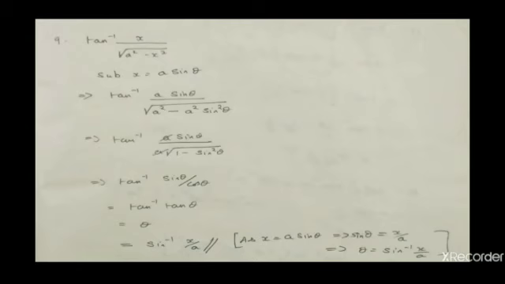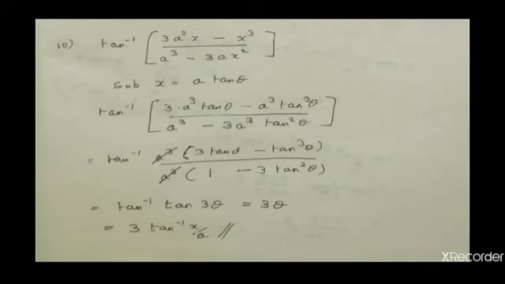No other change. Okay. So it gives tan inverse a sin theta by, from the denominator take a square out. When it comes out of the root, it becomes a. So we have inside the root 1 minus sin square theta, and 1 minus sin square theta is cos square theta. The root of that is cos theta.